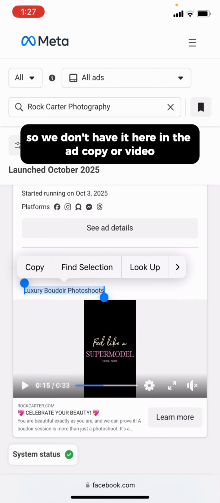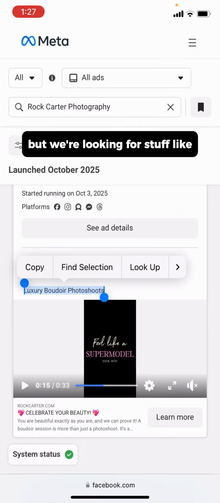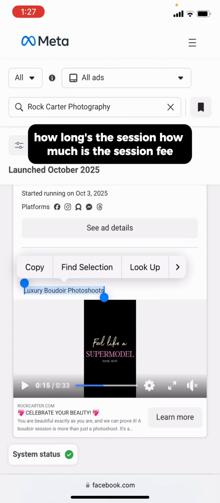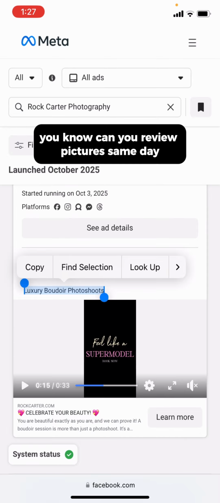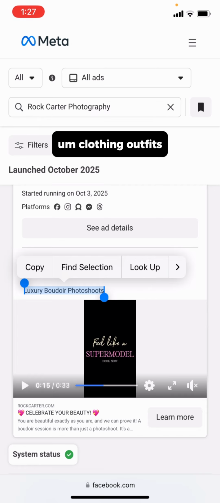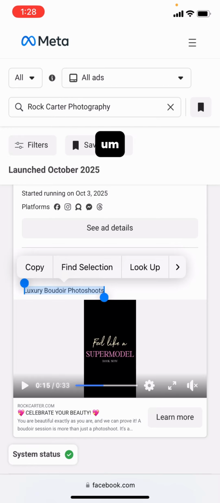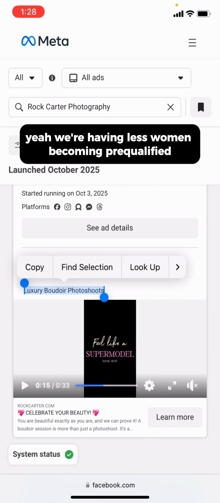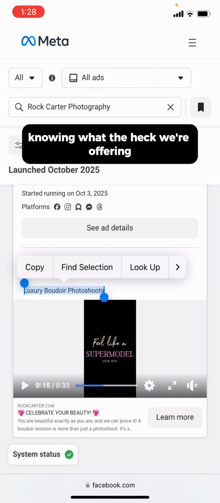So we don't have it here in the ad copy or video, but we're looking for stuff like: is hair and makeup included? How long is the session? How much is the session fee? Can you review pictures same day? Clothing, outfits included? How many sets? Things like that. And since we don't have that, we're having fewer women becoming pre-qualified, knowing what the heck we're offering.